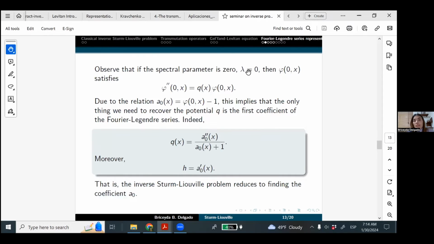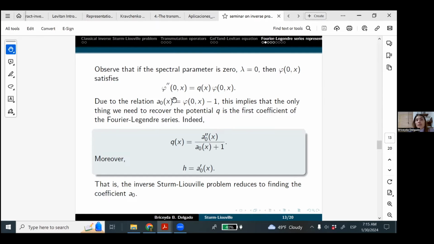If we take the spectral parameter equal to 0, then the solution phi satisfies this reduced equation: the second derivative of phi evaluated at 0 equals the potential multiplied by the solution at 0. And we already know that we have an expression which relates the first coefficient with the solution at 0.